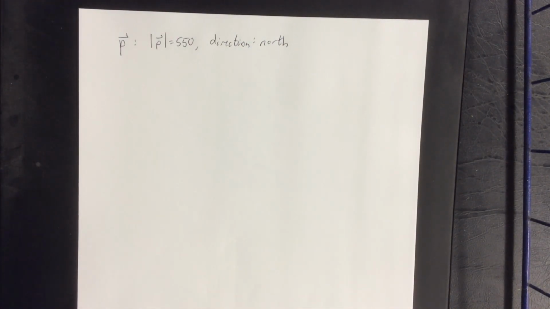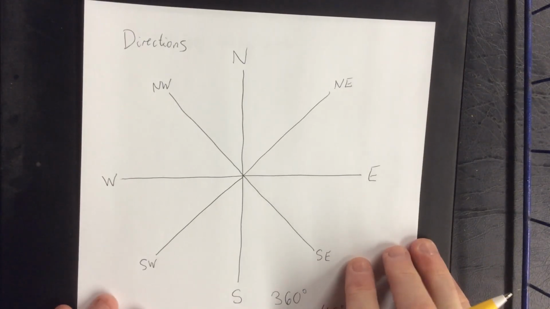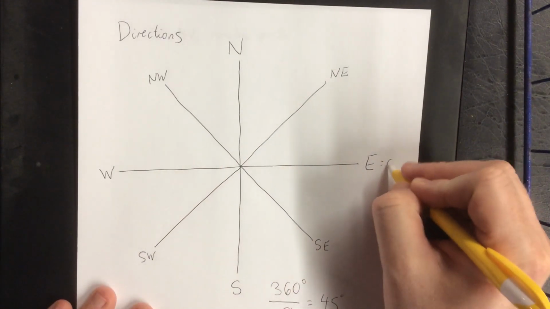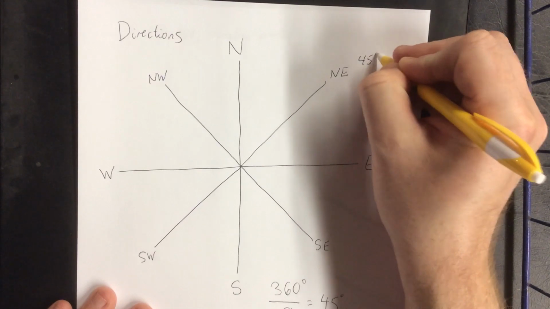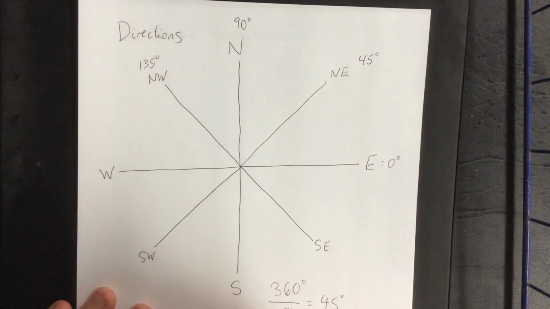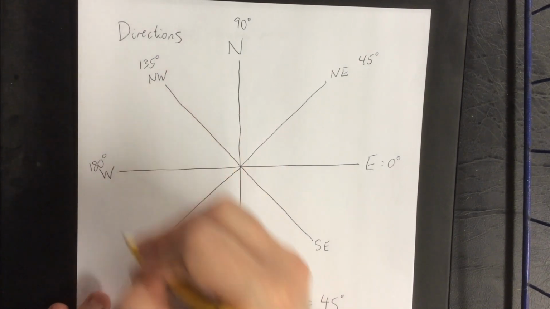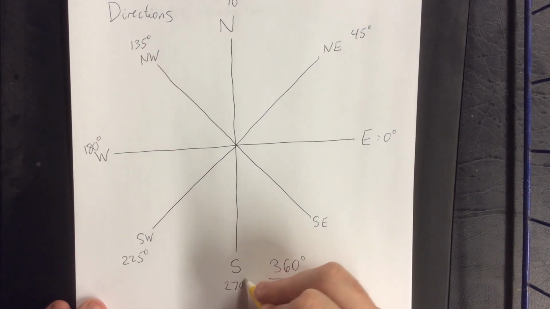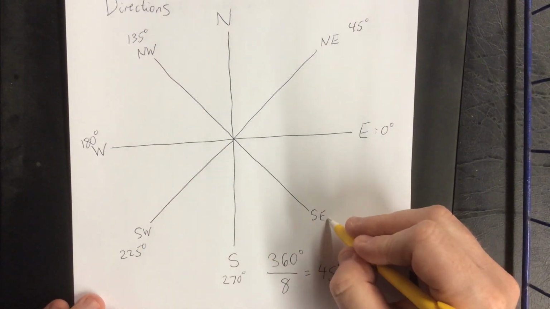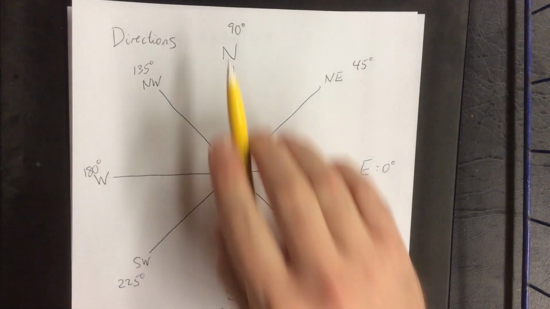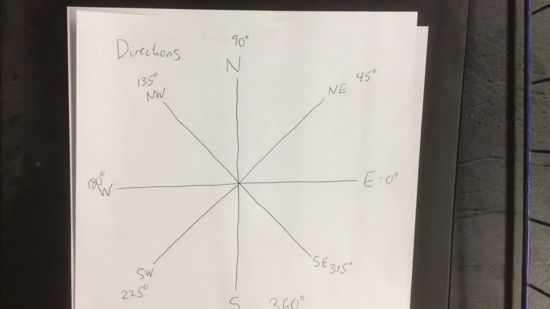And for that, I'm going to go back 2 sheets of paper and say that if we were to do the typical thing that we would do with the unit circle, we would define east to be 0 degrees, northeast 45 degrees, north 90 degrees, northwest 135 degrees, west would be 180 degrees, southwest would be 225, due south would be 270 degrees, and southeast would be 315 degrees. So with that in mind, the direction associated with true north is going to be a 90-degree angle.